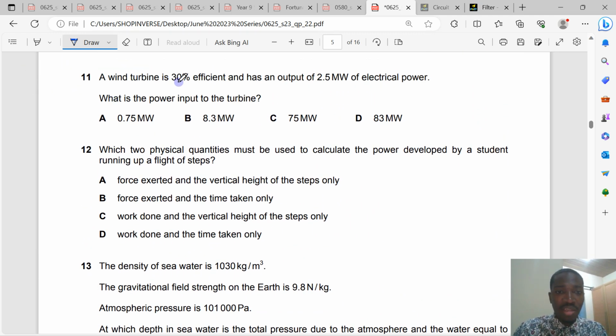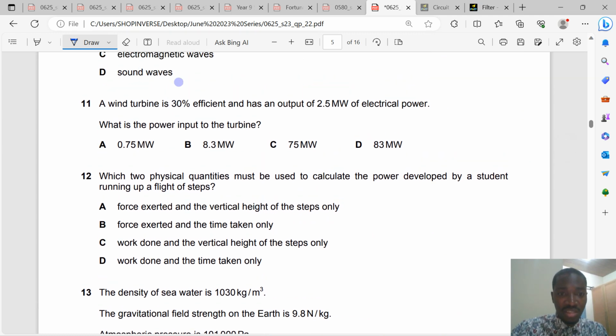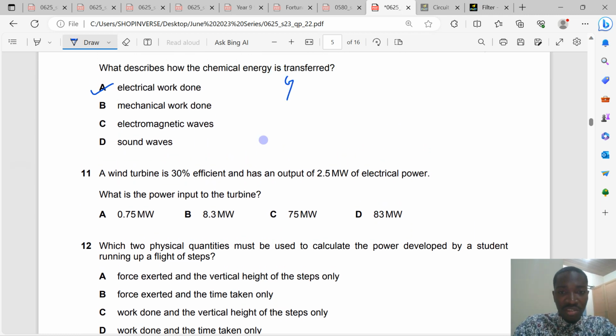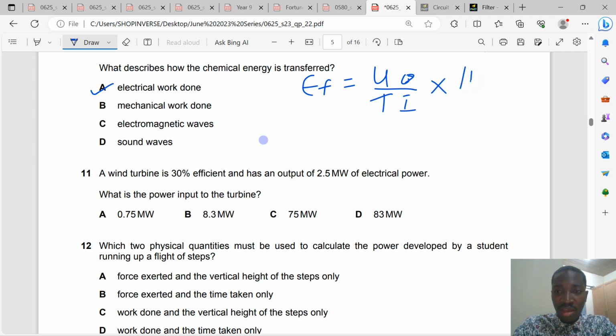A wind turbine is 30% efficient and has an output of 2.5 megawatts of electrical power. What is the power input to the turbine? What's the formula for efficiency? Efficiency is the useful output power divided by the total input power multiplied by 100%.